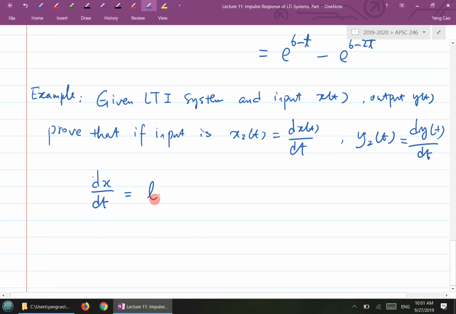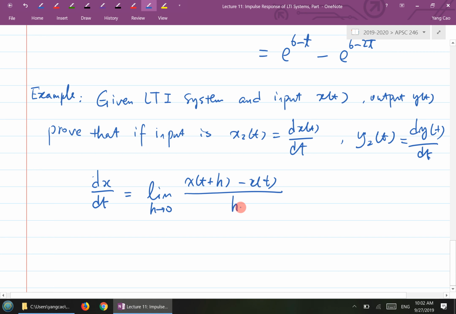The proof basically involves the definition of the derivative. The definition of the derivative says this. Right? This is a definition. You take x of t shifted by h, minus x of t, and then divide by h.